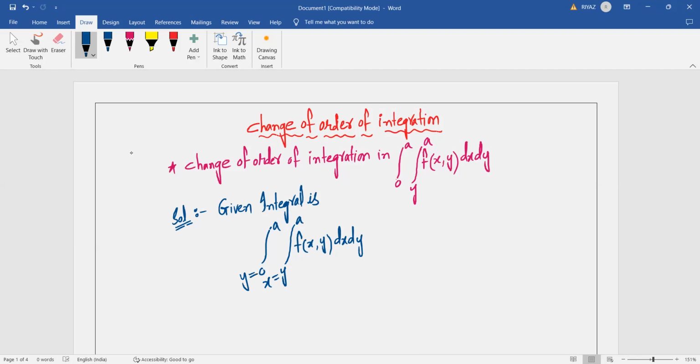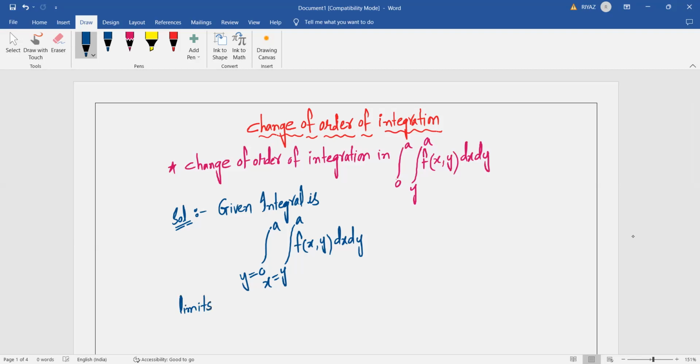So after confirming the limits, we have to draw an expected figure for this one. So see here, let us draw. After drawing this figure, we will mention here what we are taking, actually: limits of y.